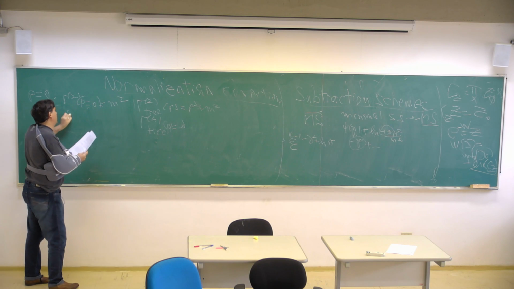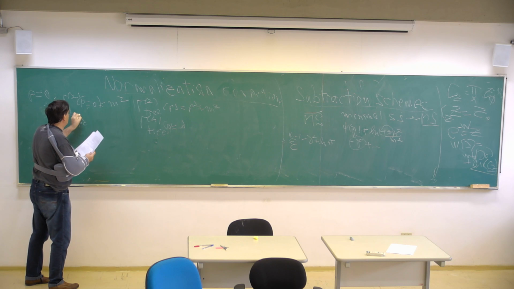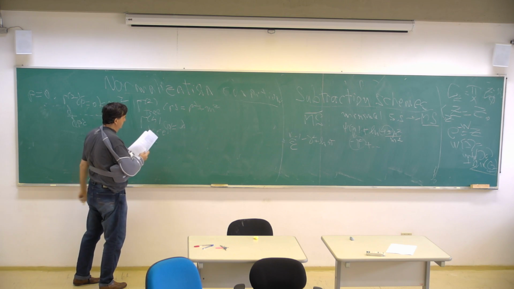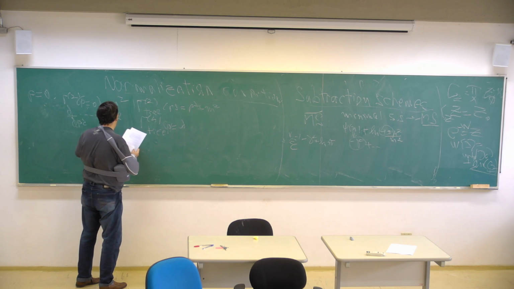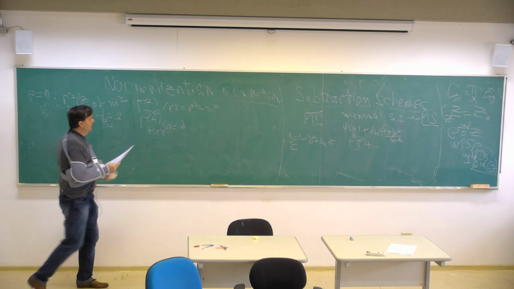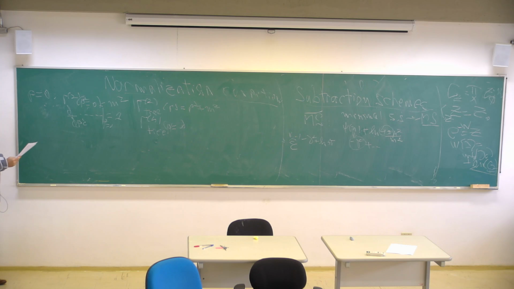And then also, the derivative with respect to P squared of this thing is 1, right? At P equal to 0. Because I take the derivative with respect to P squared of this, I get 1.